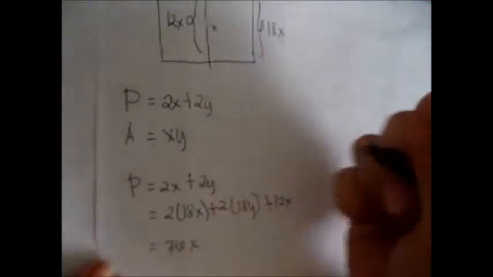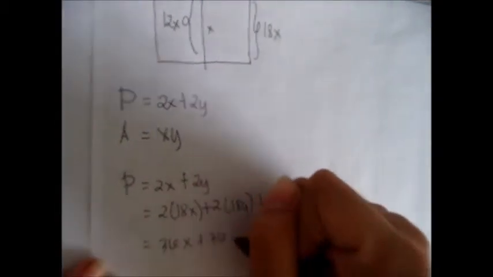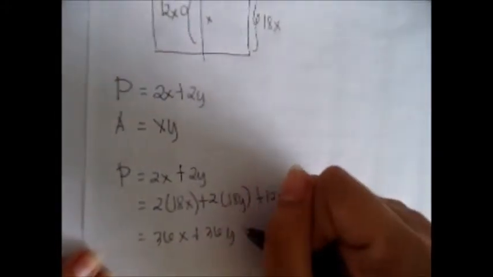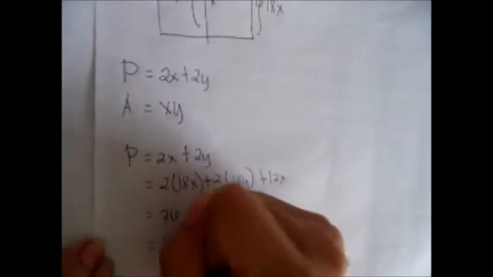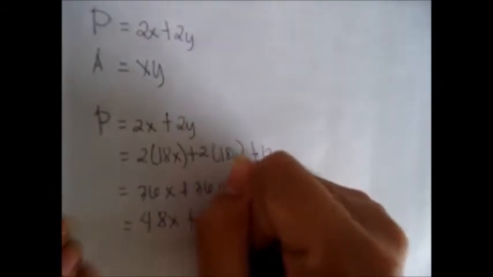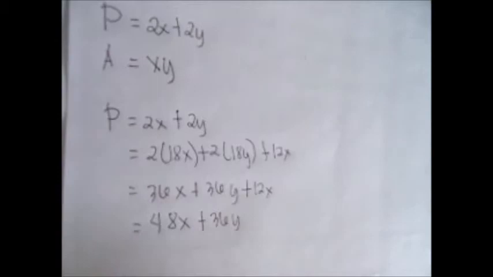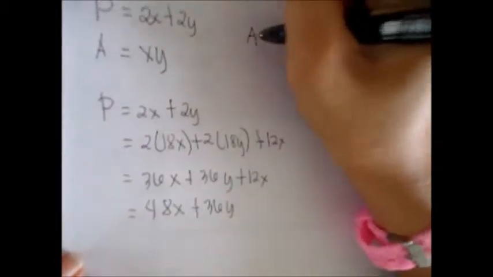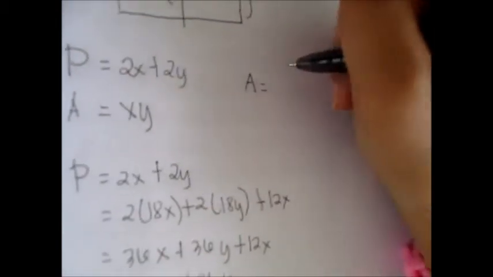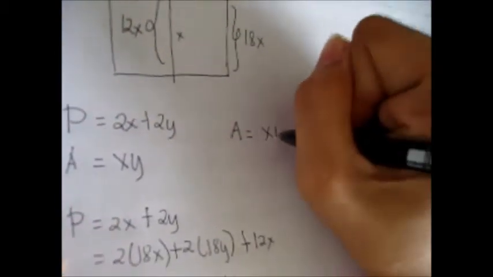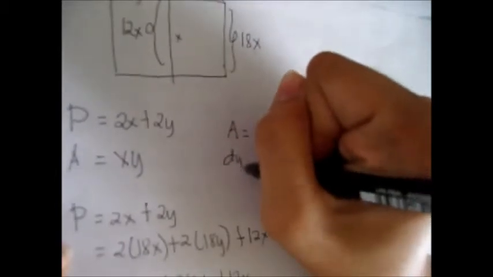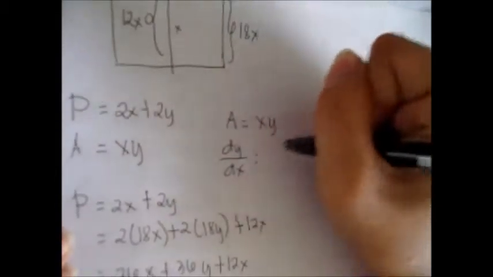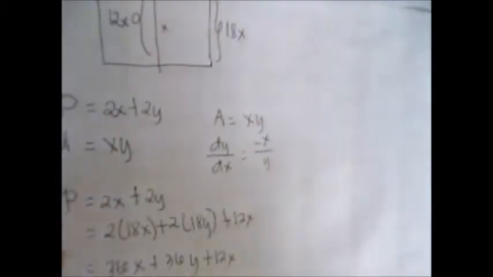It is equal to 36x plus 36y plus the additional 12x. It is equal to 48x plus 36y. Then we get the area. Area is equal to xy, then dy/dx is equal to negative x over y.